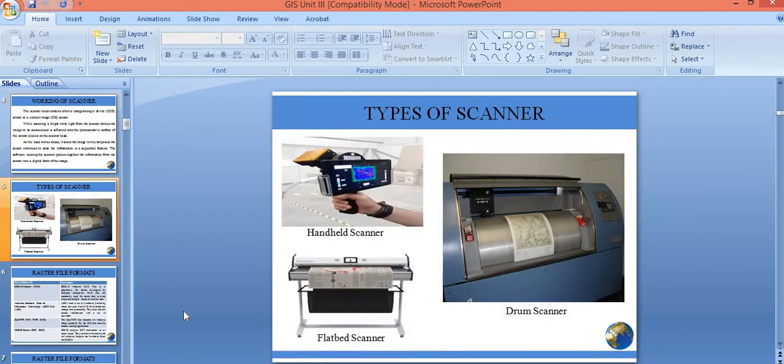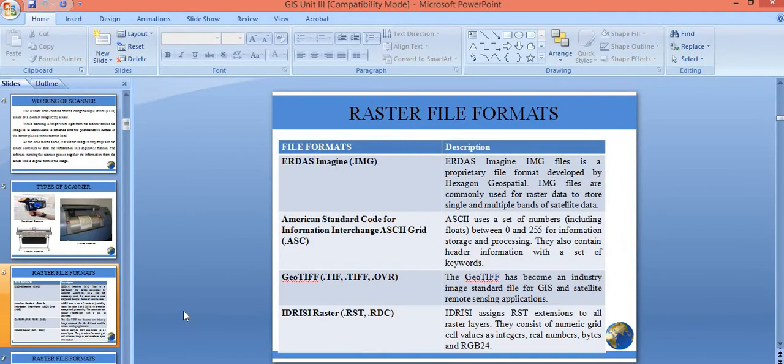There are different types of scanners available, so have a glance. Then also remember a few file formats. If you take raster, the main file formats are the TIFF format, GeoTIFF format, then IMG format. These are the raster file formats.